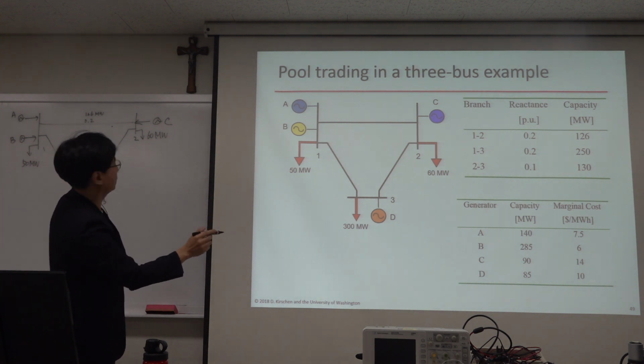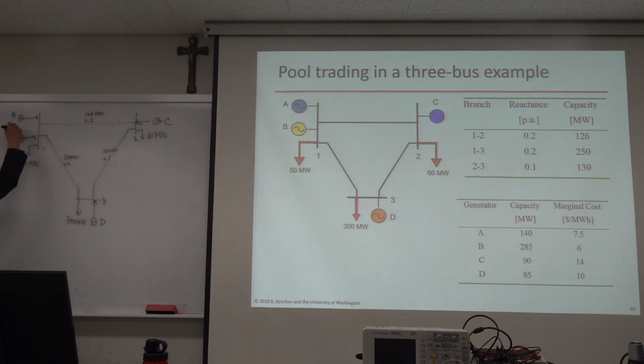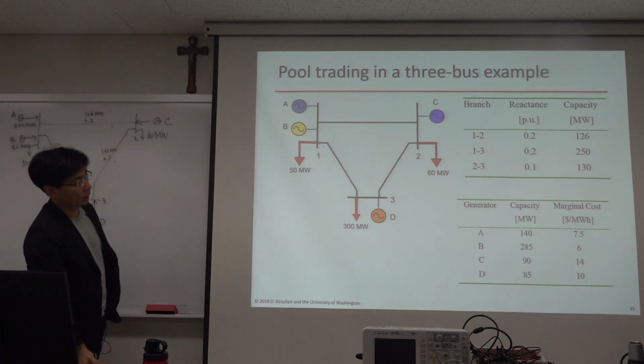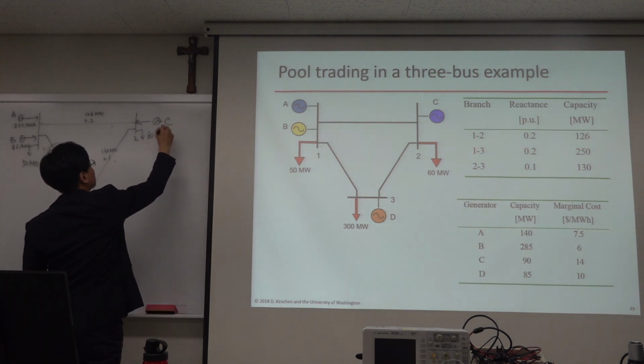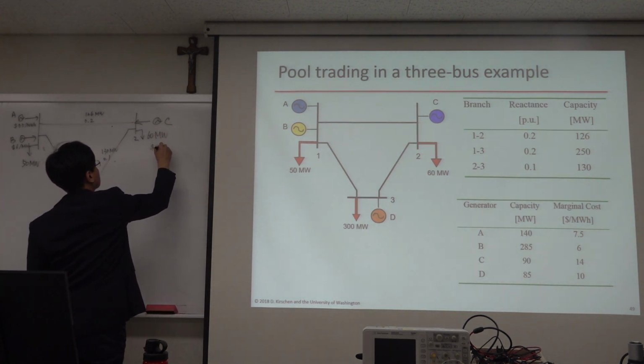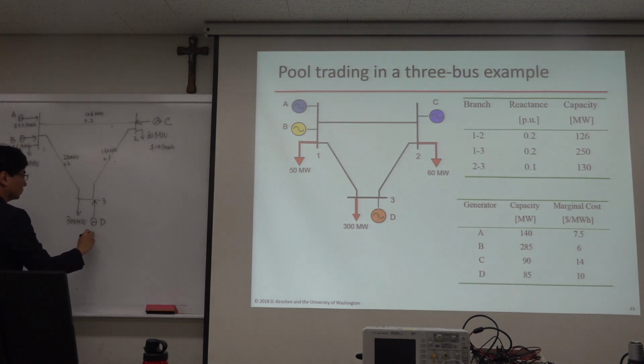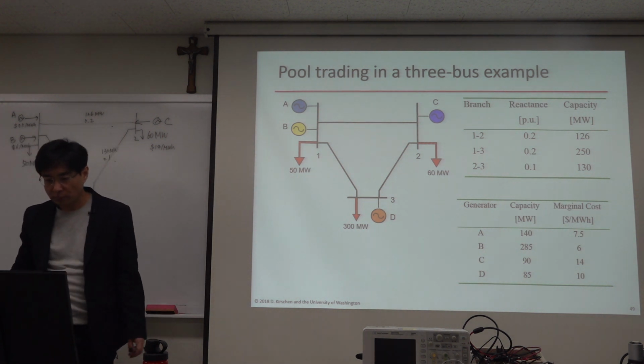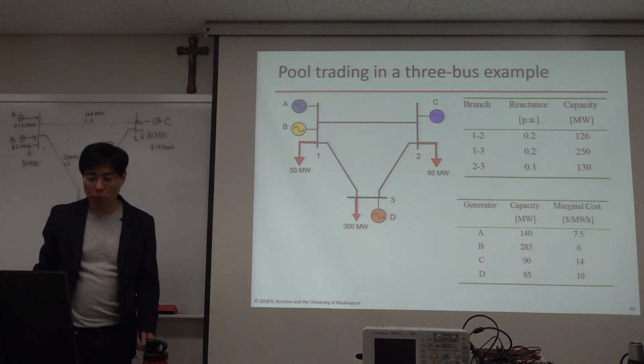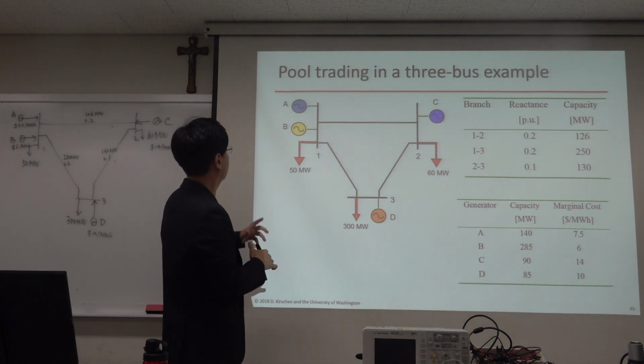And the marginal cost is B6, C14, D10. So you need to determine how much to generate.